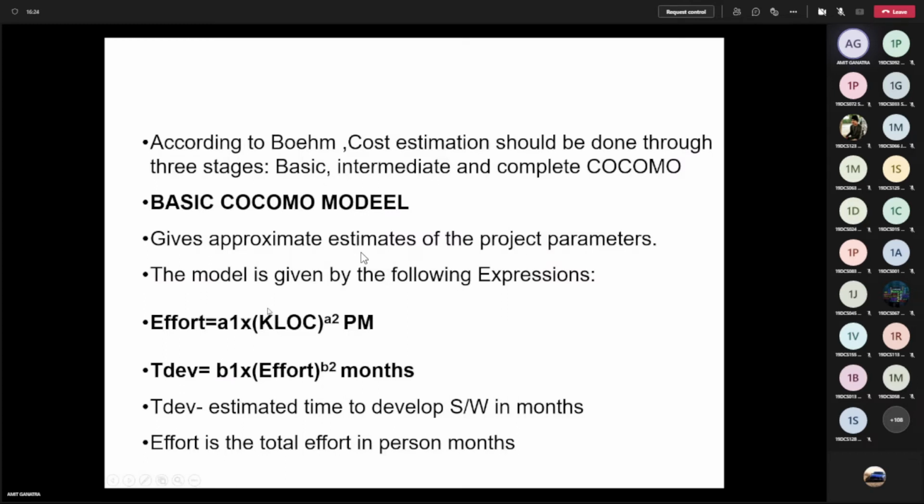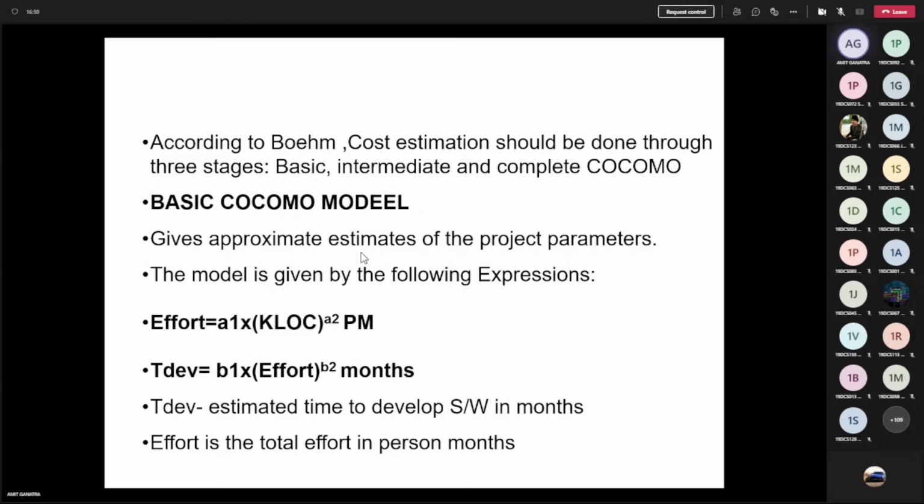So if my LOC count in the previous metric was 35,000, then here KLOC will be how much? The unit here is KLOC, not LOC. So you have to divide by 1000. So my LOC count was 35,000, then KLOC would be 35, right?